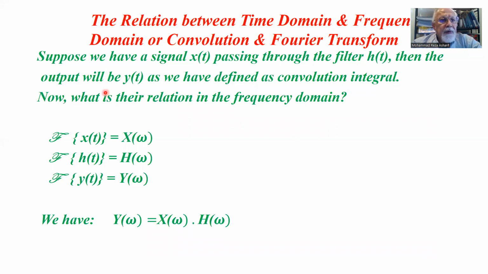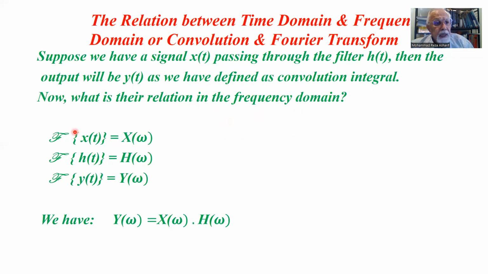Then the output will be y(t), as we have defined by the convolution integral. Now we convert this to the frequency domain. What is the relation in the frequency domain?